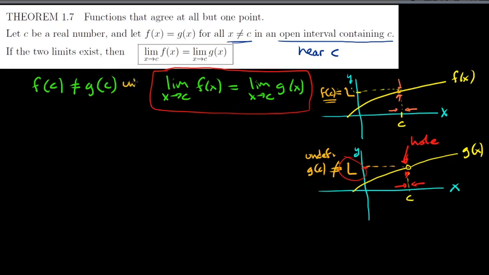This g of c is undefined, whereas f of c is defined. So that's the idea. And again, it takes some getting used to. It might not make much sense here. But I think when we do an example, you'll see how useful this is.